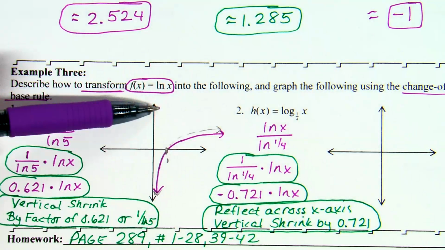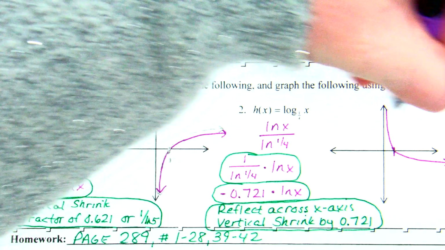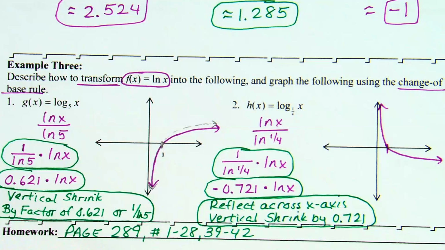Yeah, you're still going to cut through 1, 0. And then since it's a shrink, I'm going to hug closer to the x-axis. You can't get these graphs very precise. You really can't. Short of going a whole bunch of decimals and all that. Okay?